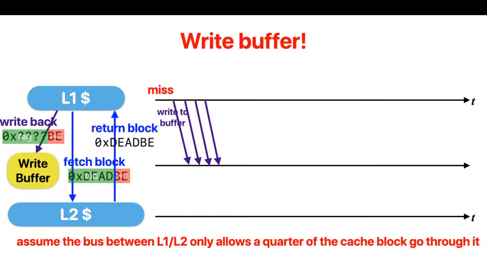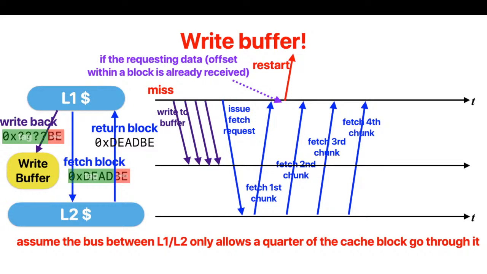So after we write back the whole thing to the buffer in a shorter period of time, you can fetch the block, and here again you can use early restart and critical word first. And simultaneously, whenever your L2 cache is free, the write buffer can present that write back to the lower level of the memory hierarchy. In this way, you can see that we make this part of the overhead smaller as well, or you can offset this overhead to later. So this is the idea of the write buffer.